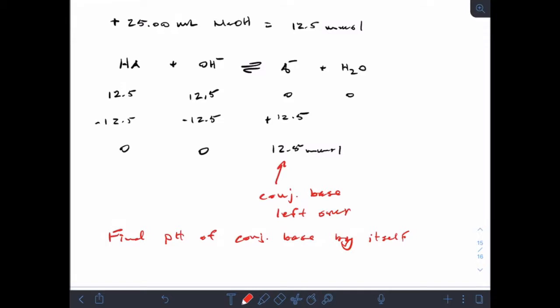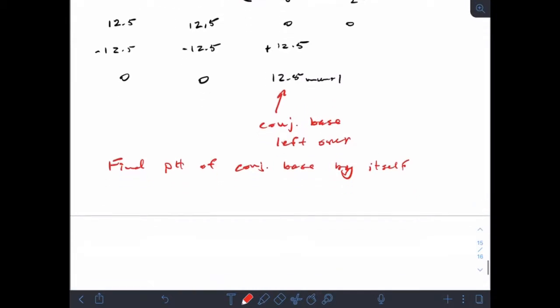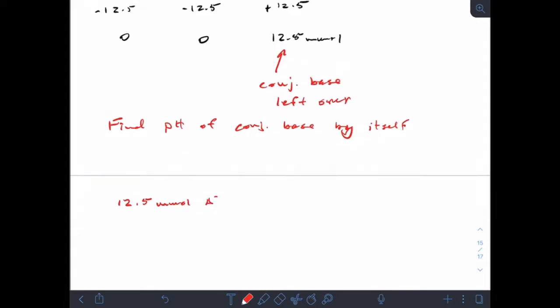Okay, so we treat it exactly the same way. So in this case, we do want to use concentration, right? So right now we have 12.5 millimoles of A minus. Okay, and our total volume.